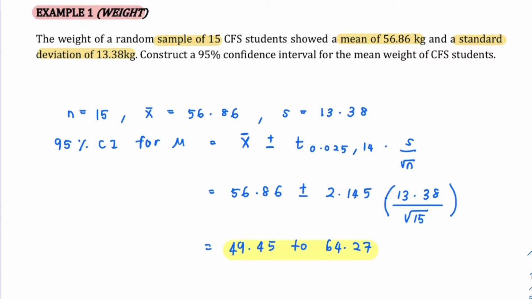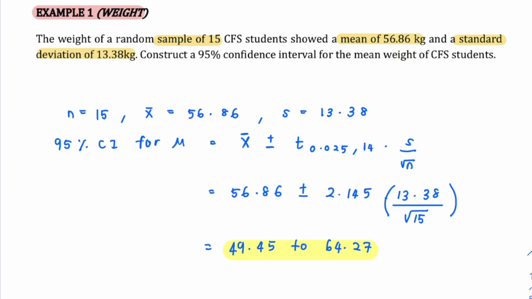Example number 1, the weight of a random sample of 15 CFS students shows a mean of 56.86 kg and a standard deviation of 13.38 kg. Construct a 95% confidence interval for the mean weight of CFS students.